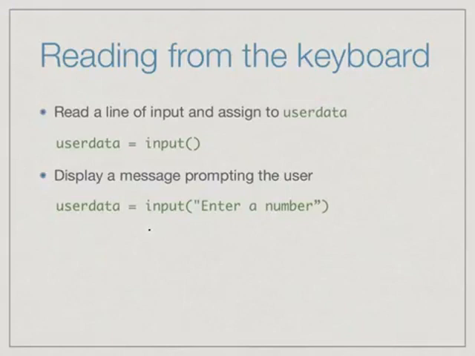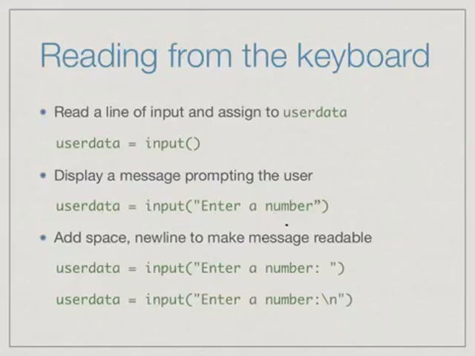Now, of course, if the program is just waiting for you for input, it can be very confusing. So you might want to provide a prompt, which is a message to the user telling the user what is expected. So you can provide such a thing by adding a string as an argument to input. So if you put an argument to input like this, then it is a string which is displayed when the user is supposed to input data.